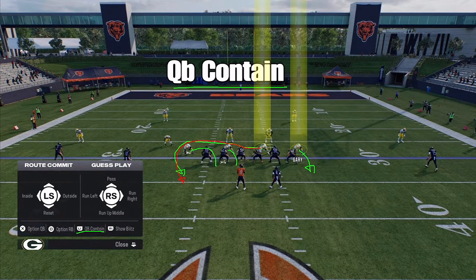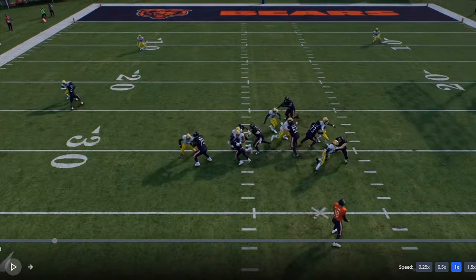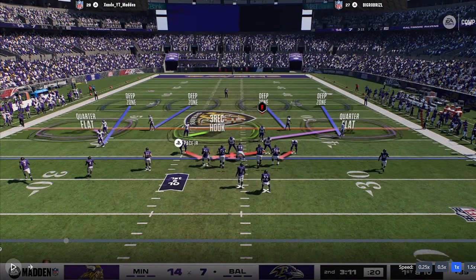When you add in quarterback contain and select it before the play starts, he will take more priority in keeping the quarterback in the pocket. We're going to see some interesting interactions in some of the clips I have from these games. So why don't we get to some clips, because I want to get to the passing aspect of this.